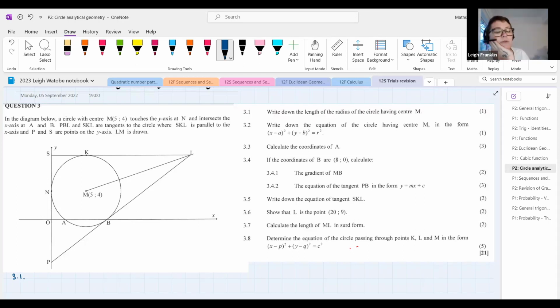So what is the length of the radius? What do you guys think? So it's got to be here in the information that's been provided to us. We don't have the equation of the circle, so we can't get it from there.